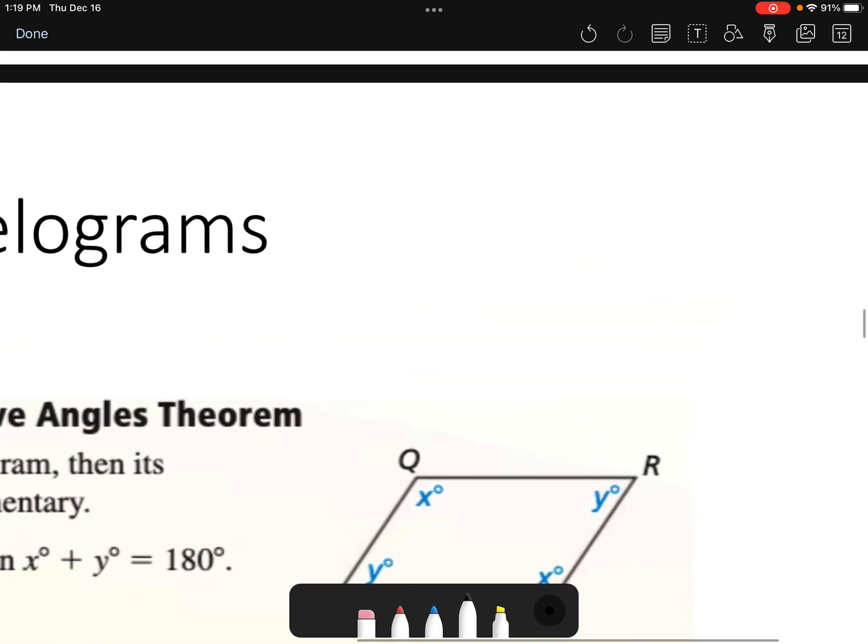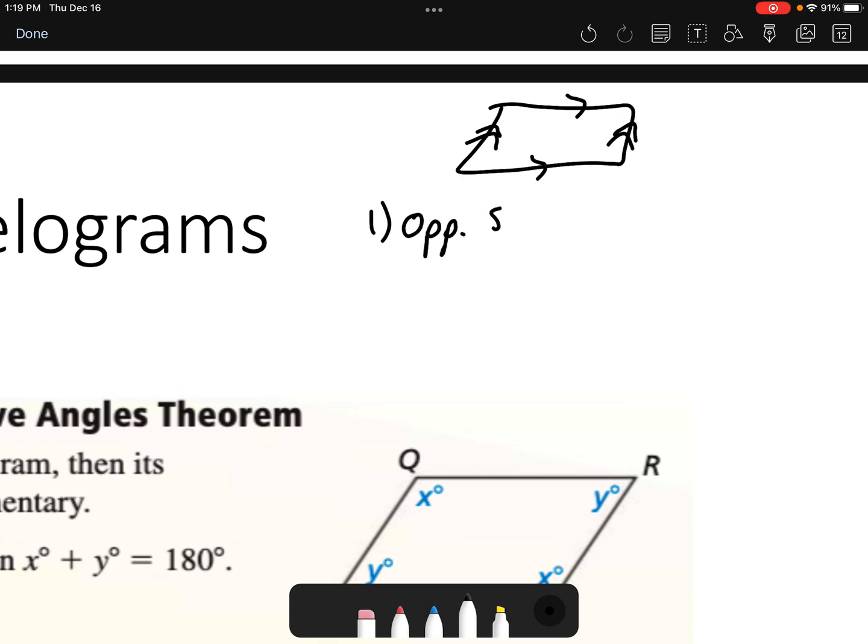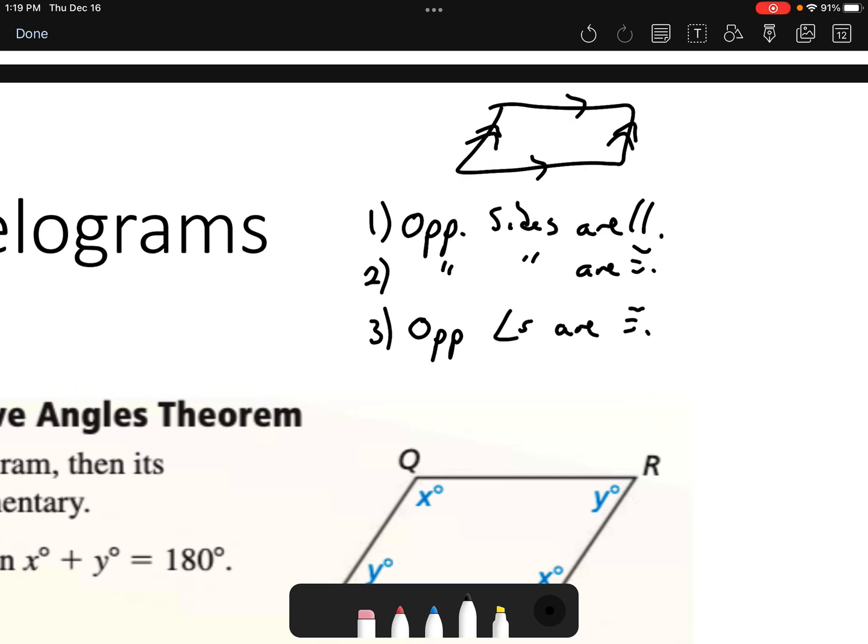Okay? So to summarize then, I'm just going to write them right here. In a parallelogram, you can draw the picture if you want, and I hope you can draw a better picture than that. Opposite sides are parallel. Opposite sides are congruent. Opposite angles are congruent.